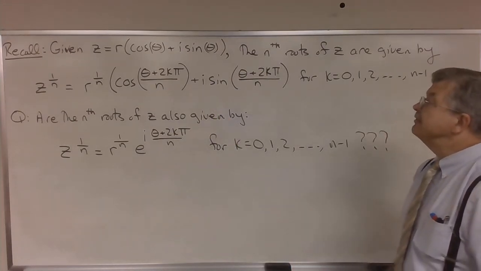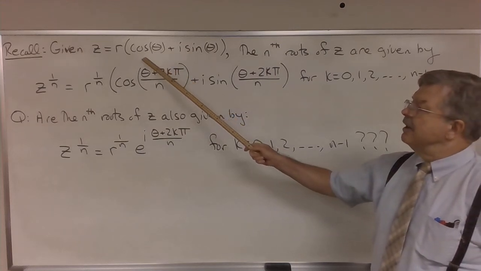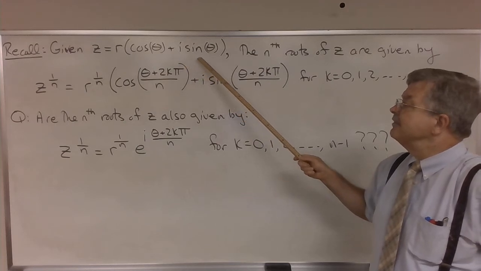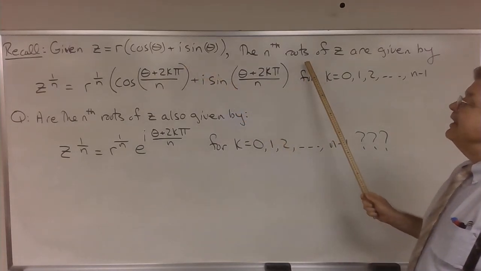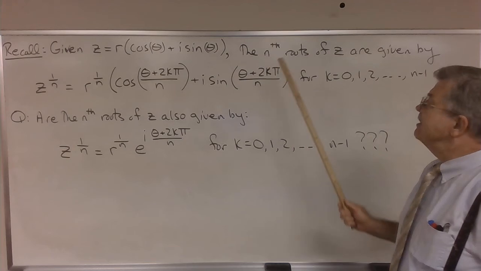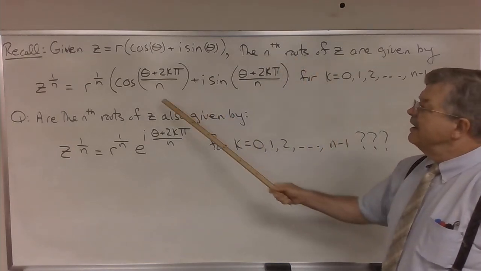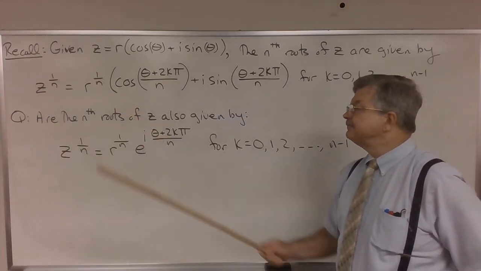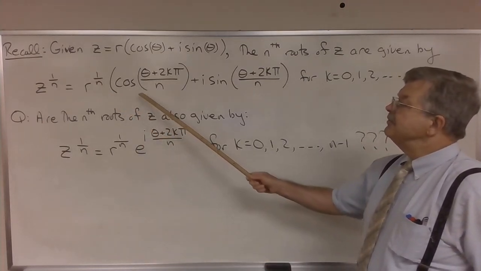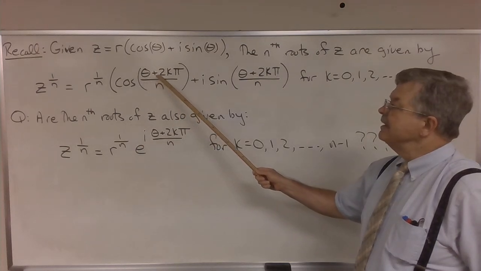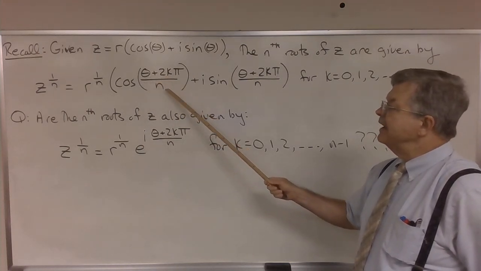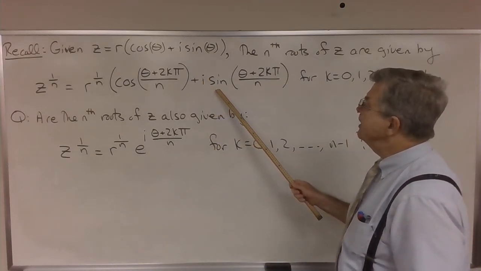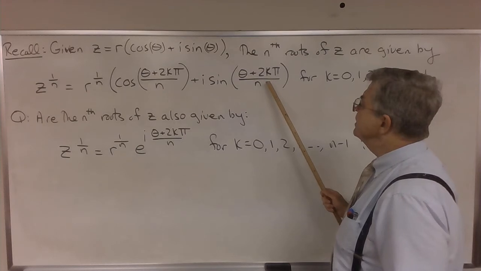Now remember this, if we have a complex number, z equals r cosine theta plus i sine theta, the entire set of nth roots of z are given by this formula: the nth root of r times the cosine of theta plus 2k pi over n, plus i sine theta plus 2k pi over n.